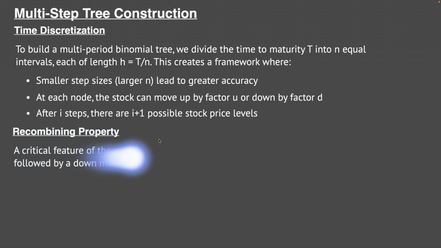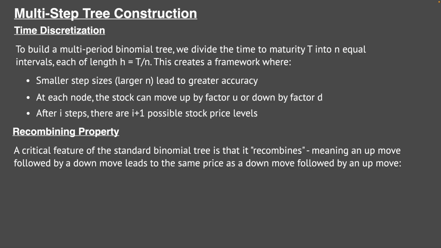Now what is the recombining property? The recombining property ensures that the binomial tree will not grow exponentially, but will grow linearly, because an up move followed by a down move leads to the same node as a down move followed by an up move.